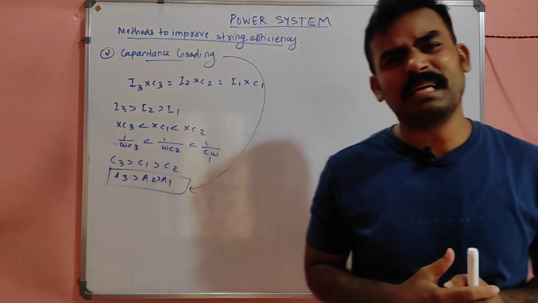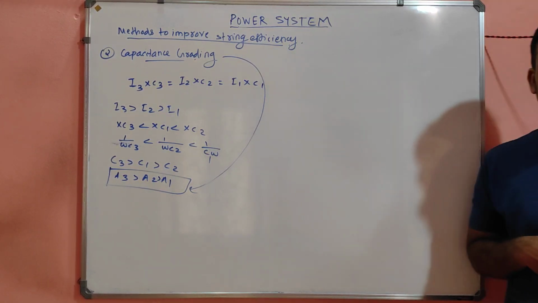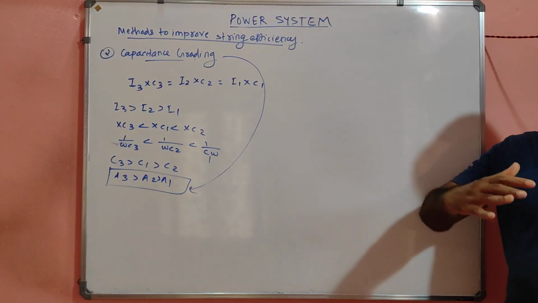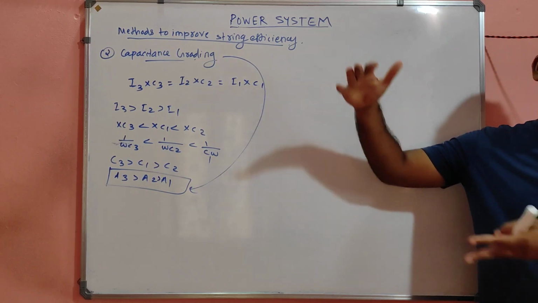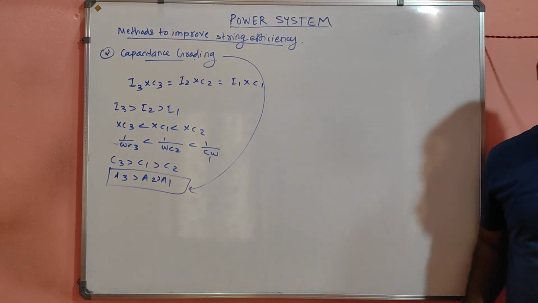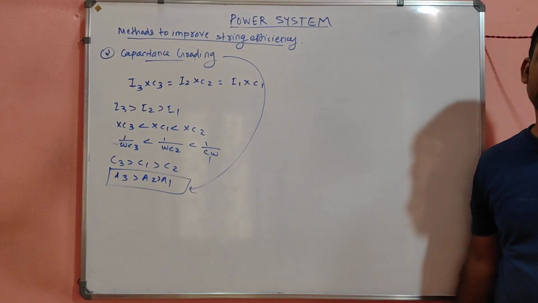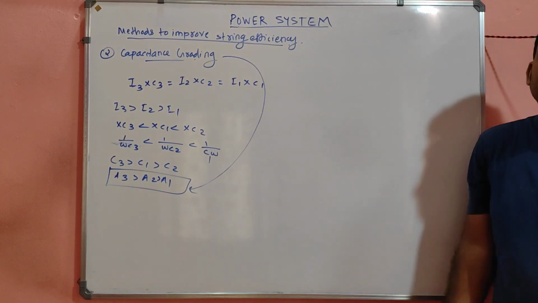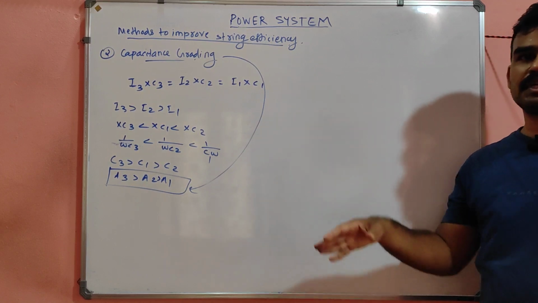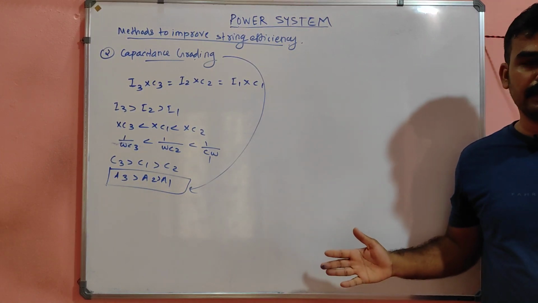But this is also not practically that great, because you have to make some bigger area and smaller area, and there are some drawbacks. Sometimes, because of a fault in the transmission line, there may be a high current flowing situation.